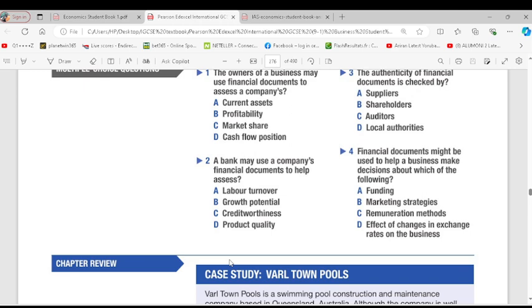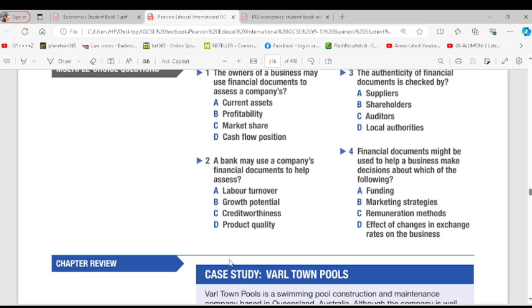Number 4: financial documents might be used to help a business make decisions about which of the following: A. Funding. B. Marketing strategies. C. Remuneration methods. You already explained about it. D. Effects of changes in exchange rates on the business.